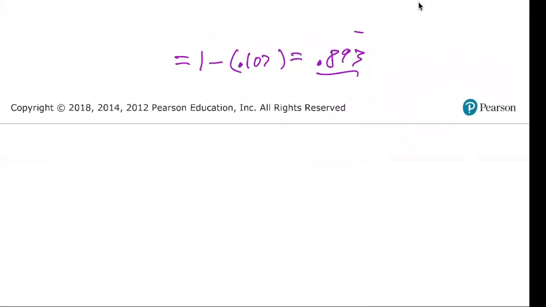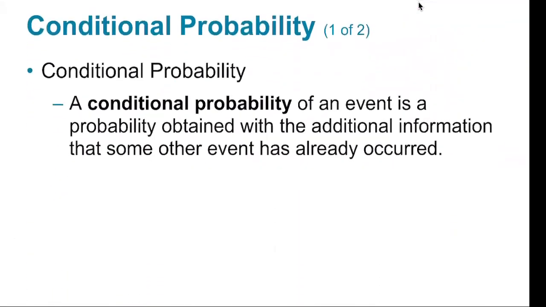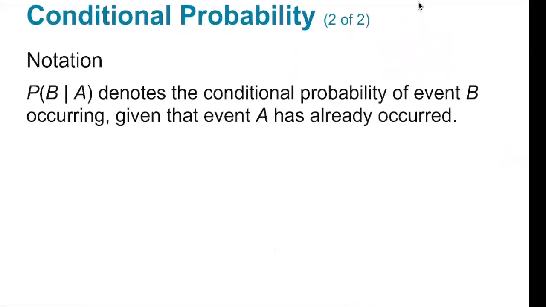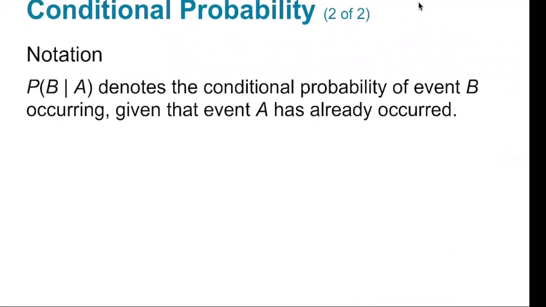Okay, that's using the complement. Conditional. We're doing probabilities based on the fact that some other event has already occurred. So this says we're finding the probability of B given that, I see this as given that, that's that symbol, event A has already occurred.